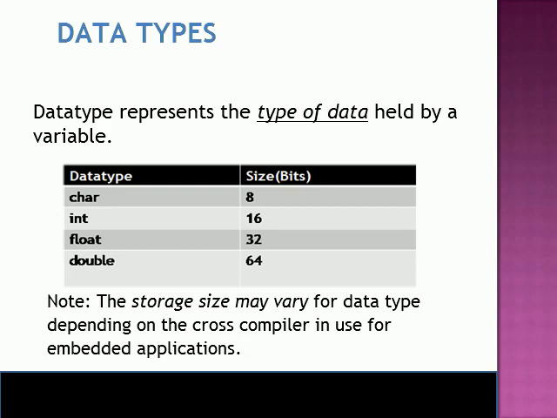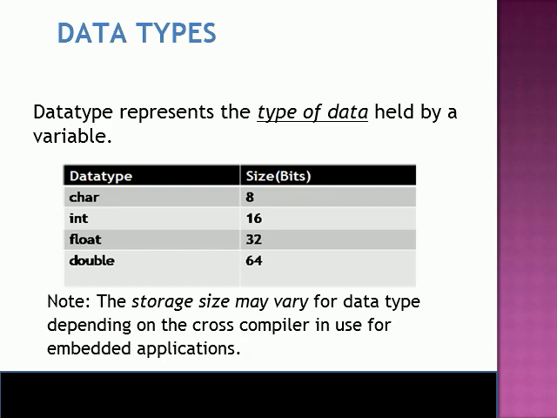So, first data type is the char. The size of a character is 8 bits. That means 1 byte. Next is the integer. The size of an integer is 16 bits.